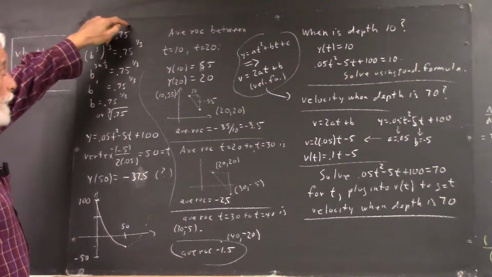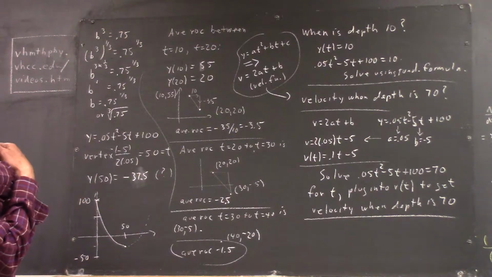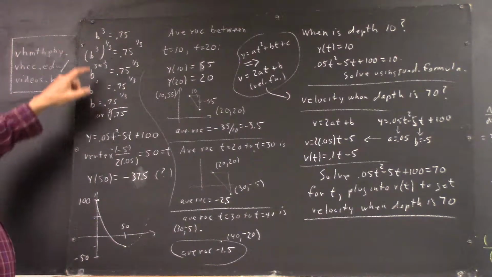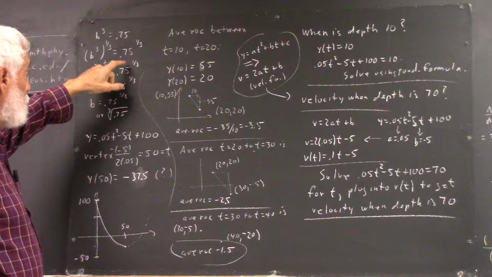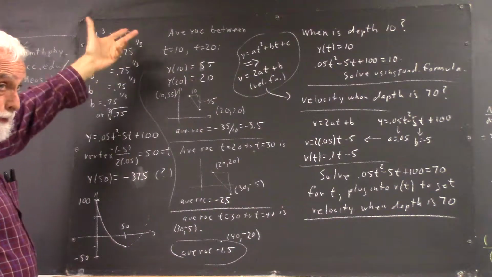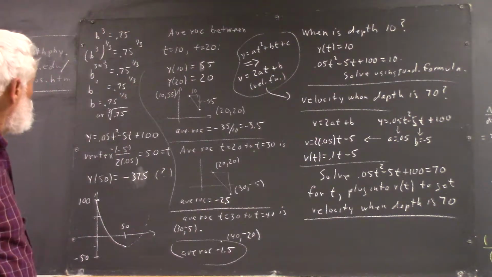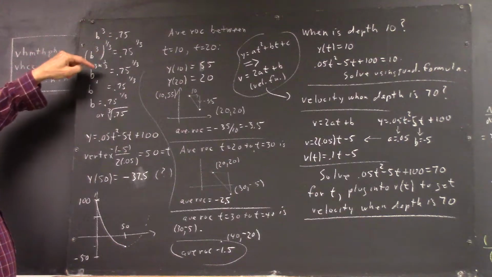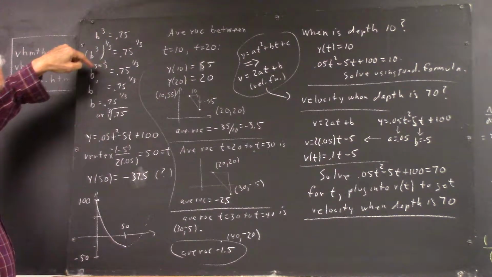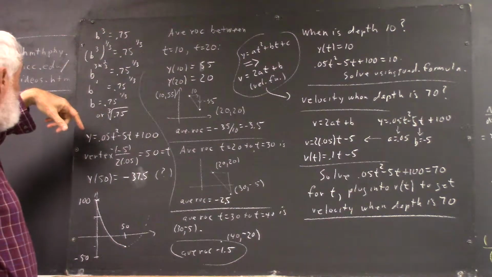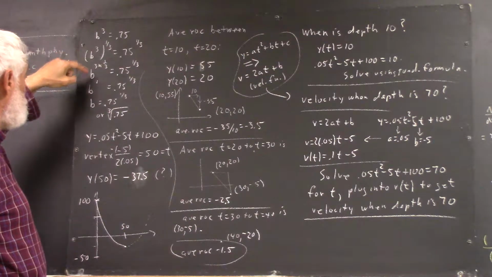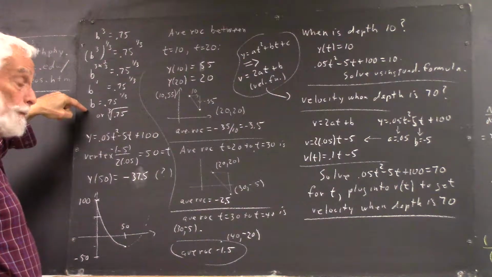Now, just in case you don't know about that 1/3 power thing, we had b cubed equals 0.75. Now, that means b cubed raised to the 1/3 is 0.75 raised to the 1/3. b cubed to the 1/3 is b to the 3 times 1/3 by our law of exponents. And that's just b to the 1, which is just b.